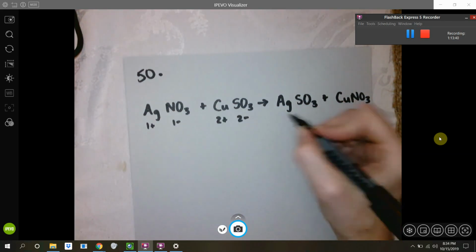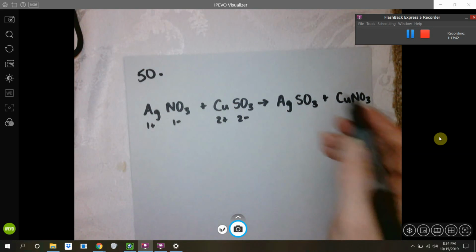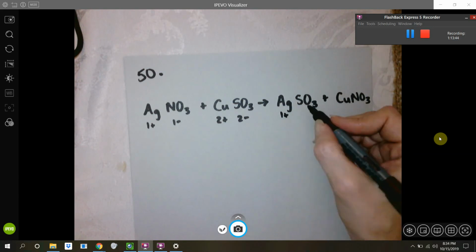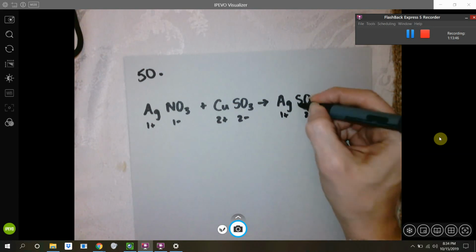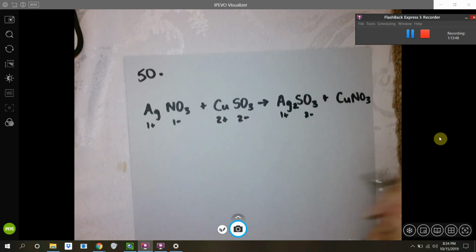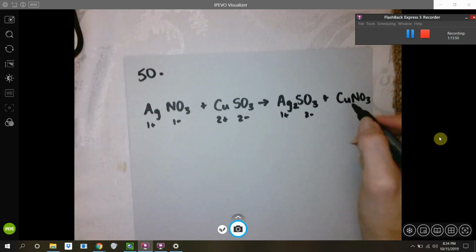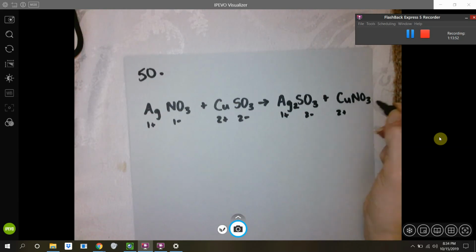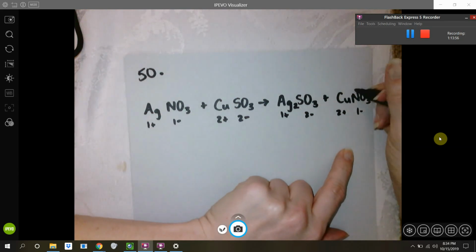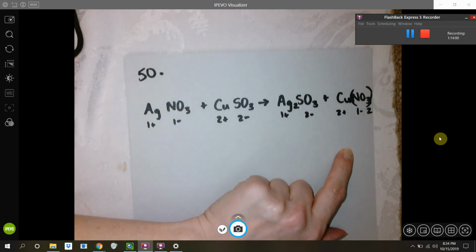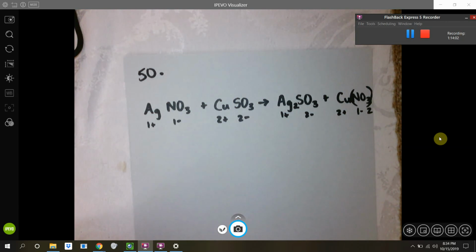Now we've got all the charges, you can just plug them in over here. So this is 1 plus, our sulfite is 2 minus, so we'll say Ag2SO3. And here our copper is still going to be 2 plus, and nitrate is 1 minus, so we're actually going to need 2 of these nitrates. My apologies for the bit of the mess there, but there you have it.